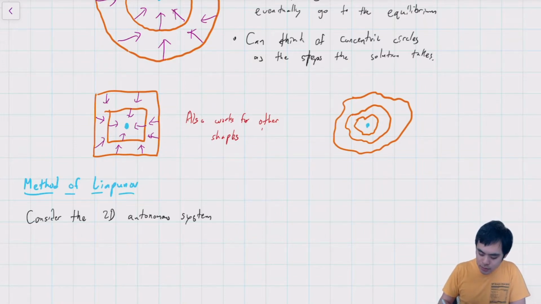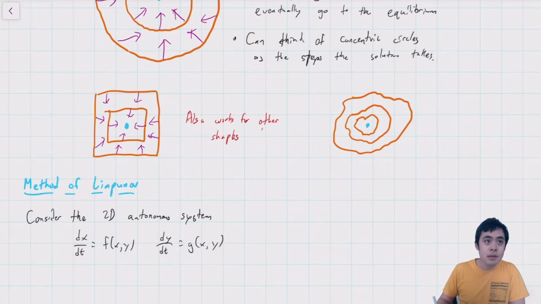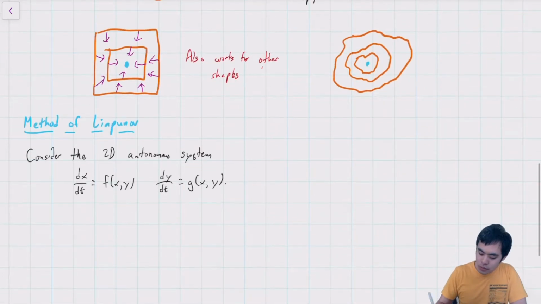Let's say dx/dt is equal to f(x,y), and dy/dt is equal to some function g(x,y). And we're going to assume, without loss of generality, that the origin is our equilibrium of interest.